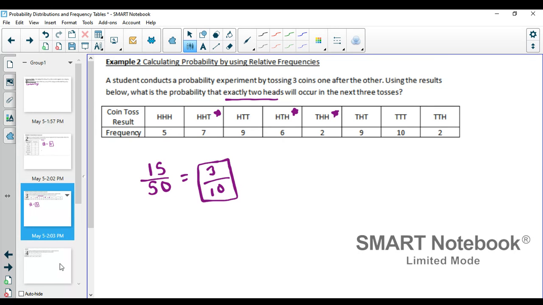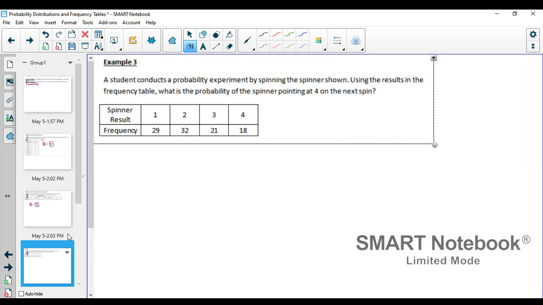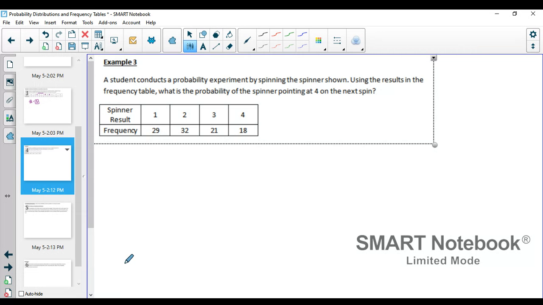Moving on. All right, so a student conducts a probability experiment by spinning a spinner with the numbers 1, 2, 3, and 4 on it. Using the results in this frequency table, we're going to find the probability of the spinner pointing at 4 on the next spin. So once again, add up the total number of frequencies.